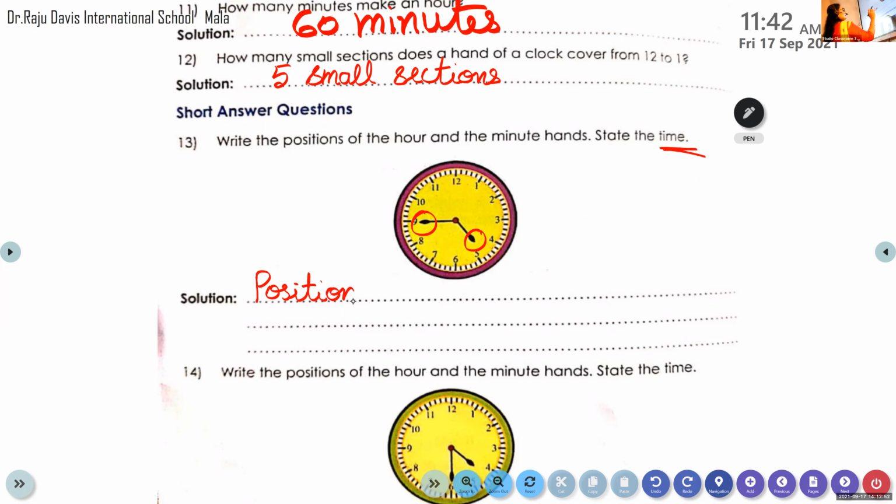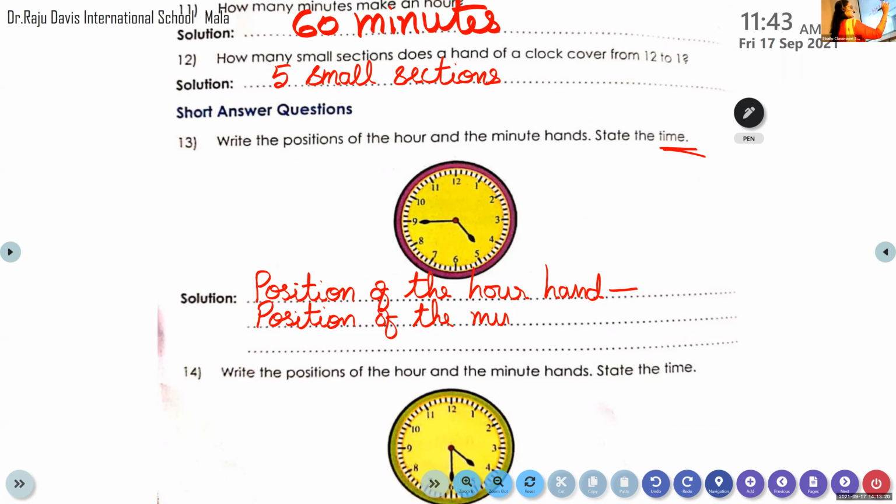On which number is the hour hand? Position of the hour hand, position of the minute hand, and finally, what is the time shown by the clock?